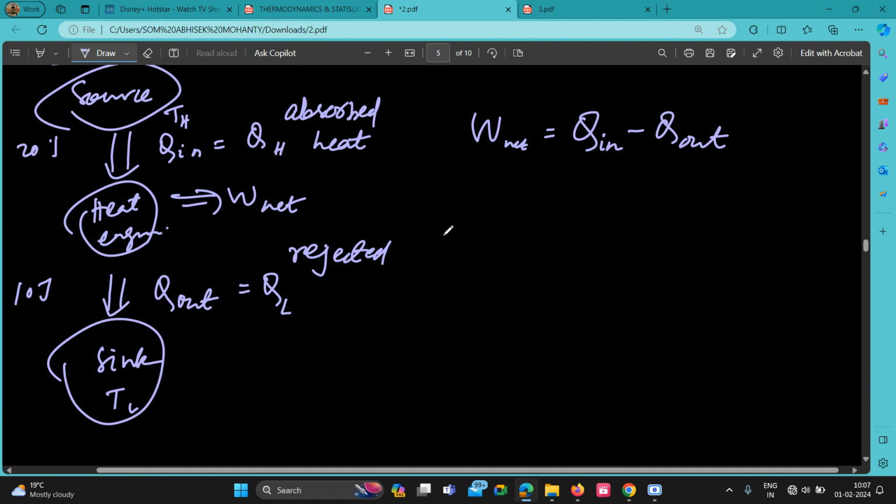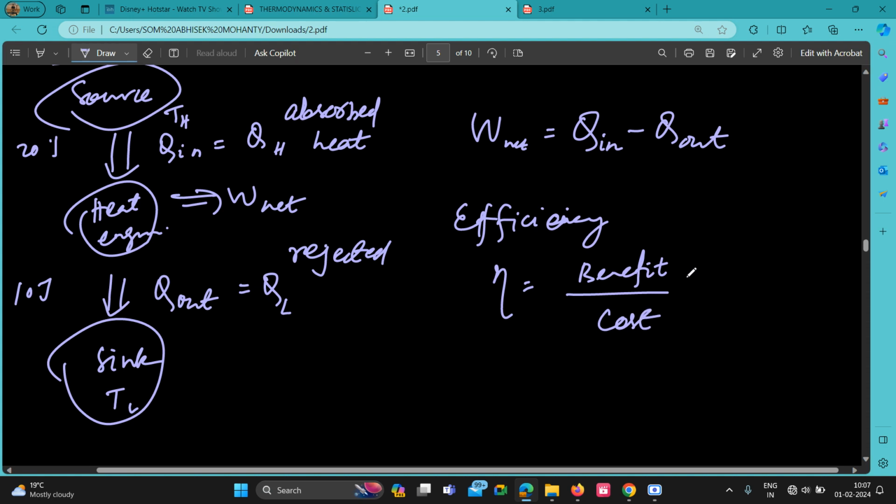So efficiency is what? It can never increase. If it is increasing, that's not possible. Efficiency is like benefit by total, how much benefit we got and how much was there in total. So output by input.